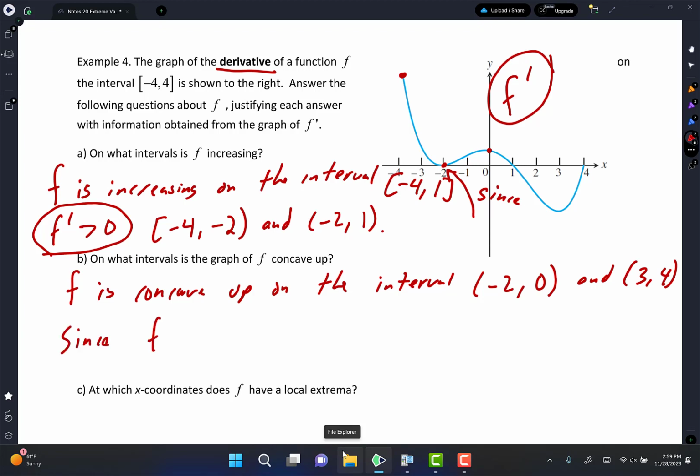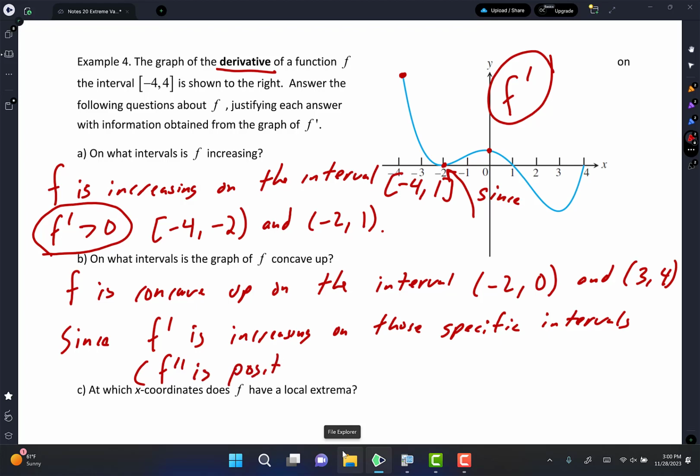Since f prime is increasing on those specific intervals. You can also put in parentheses, f double prime is positive on those specific intervals.